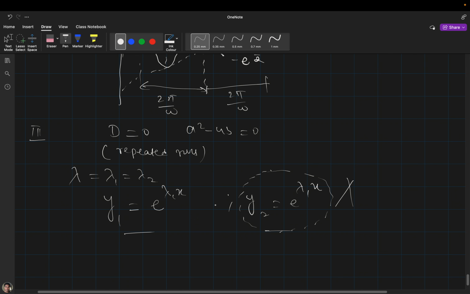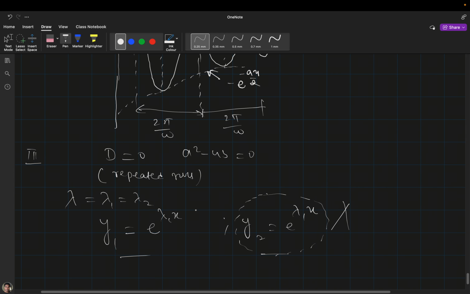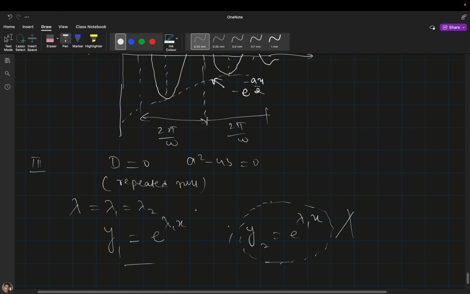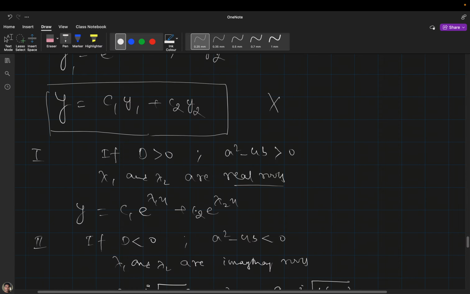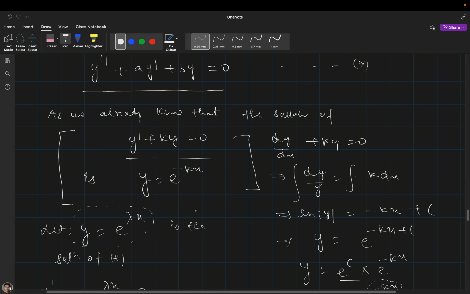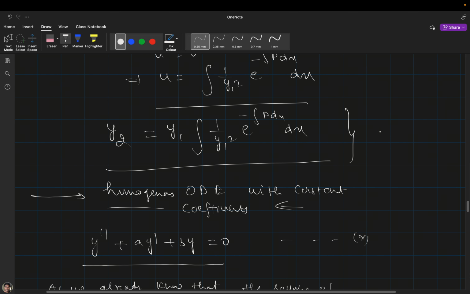Can you see that these two are linearly dependent solutions? Yes or no? I told you, if you have one solution and you want to get another solution which is linearly independent of it, then we have to use this, whatever I have derived.